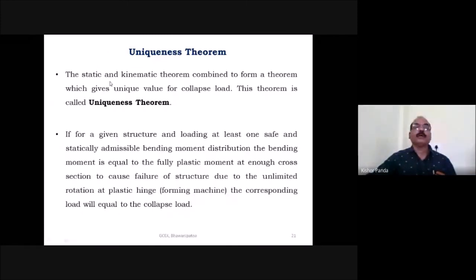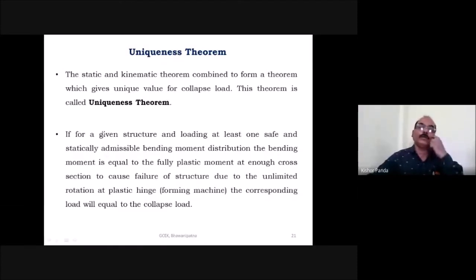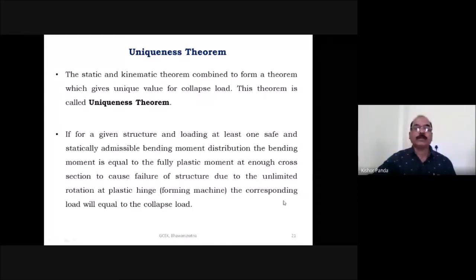If for a given structure and loading, there exists at least one mechanism and statically admissible bending moment distribution, where the bending moment is equal to the fully plastic moment at enough cross sections to cause failure of the structure due to unlimited rotation at plastic hinges, the corresponding load will be equal to the collapse load.